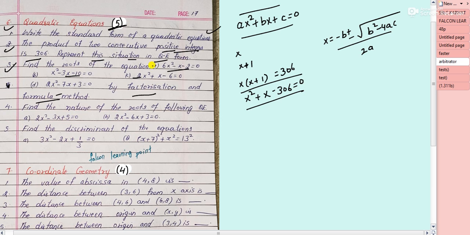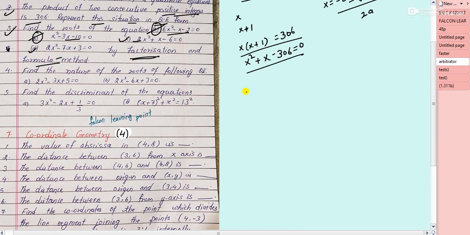So I will be solving two questions, one in the factorization and the other in the formula method. The rest two you have to solve by yourself, and write your answers in the comment section. Okay, 6x square minus x minus 2 equals 0. So factorization means a and c.